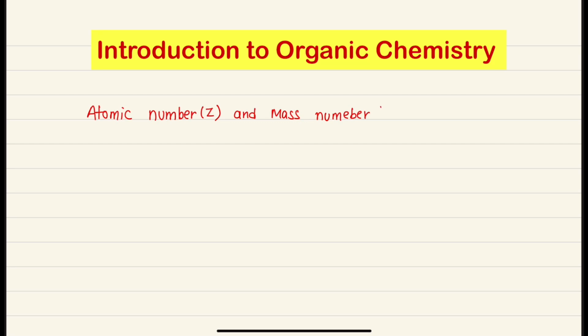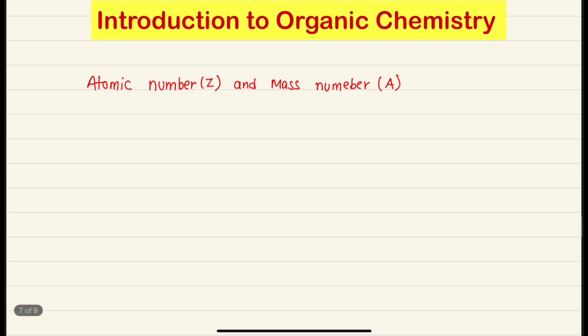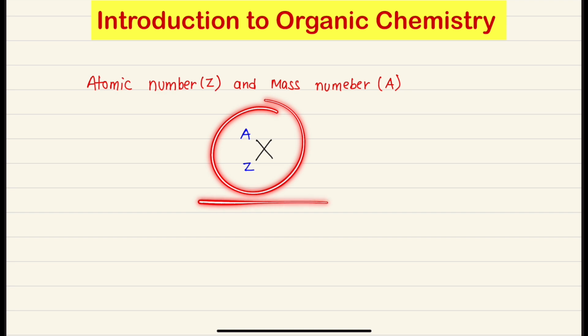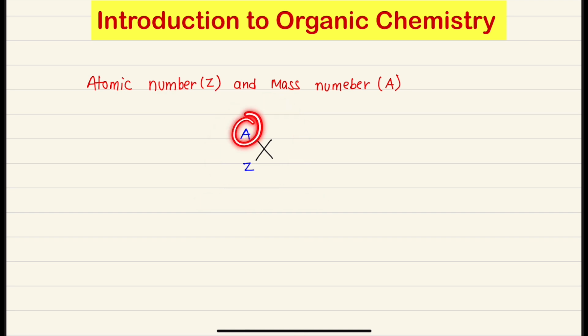We represent the mass number by capital A. Suppose we have some element X, and we write the atomic number in the subscript, Z, and we write the atomic mass in the superscript of this element. This is the complete notation of symbol, atomic mass and atomic number.